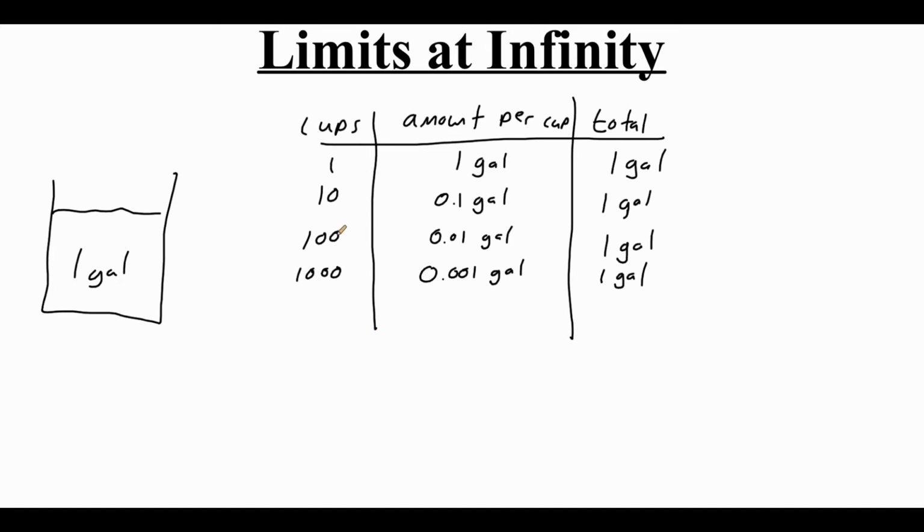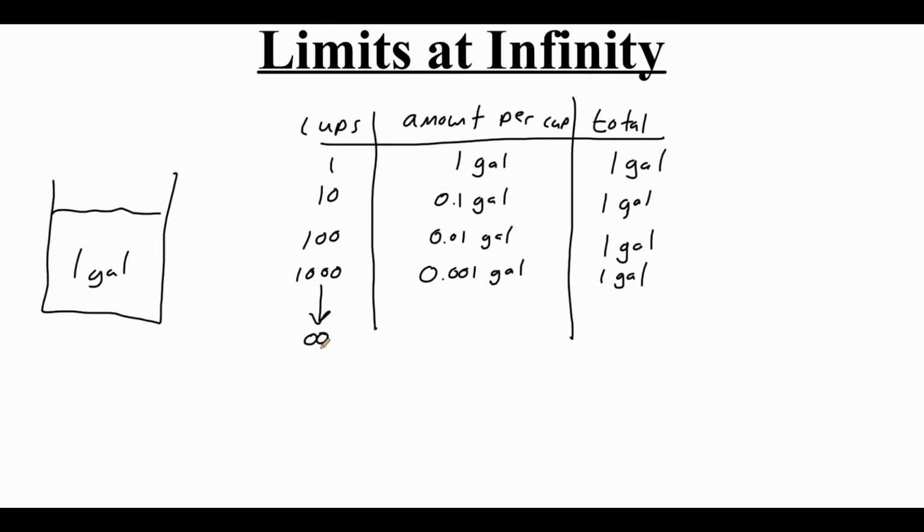Now we could continue this pattern, and what we're going to notice is that this decimal keeps getting smaller and smaller. So if we continued this out forever and ever, all the way out to infinity, as this decimal is getting smaller and smaller, that value is getting closer and closer to 0.